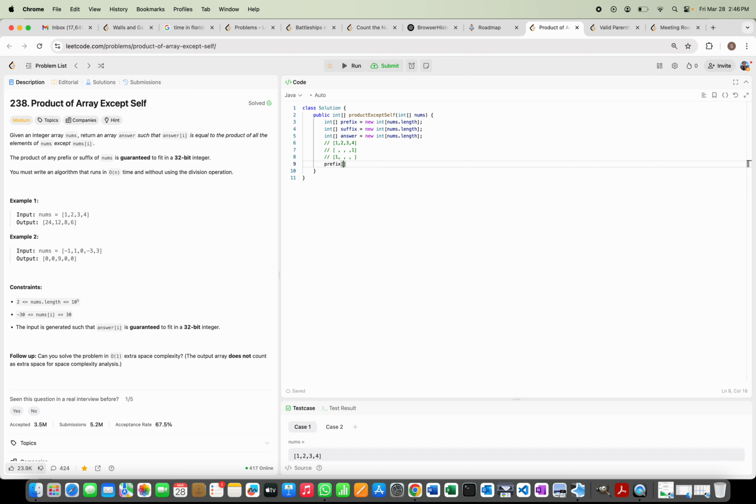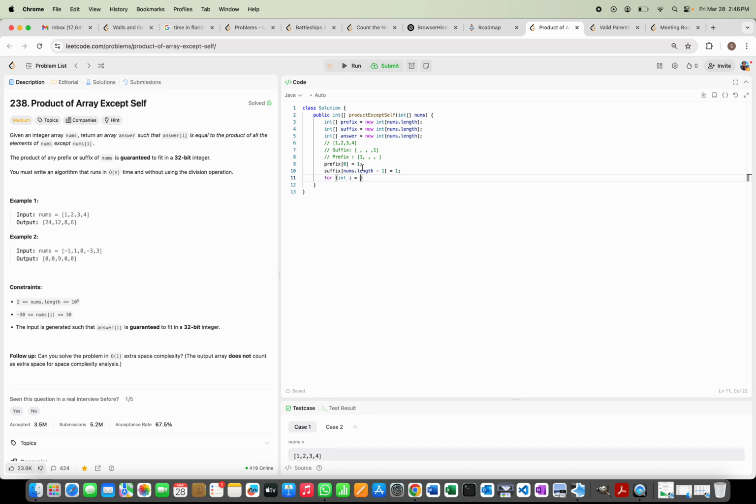Prefix 0 equals 1. And then we're going to iterate, for the prefix, from 1. For the suffix, we're going to iterate from nums.length minus 2 down to i equals 0.